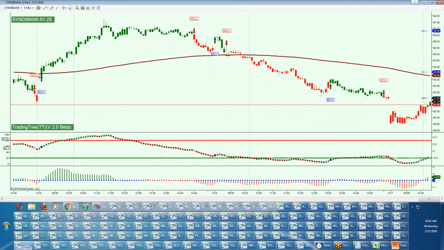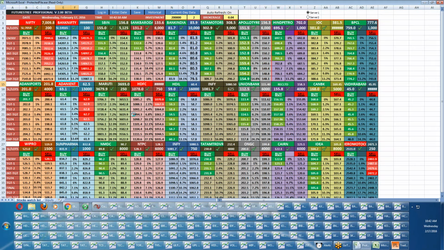Tata Motors, you'll get a buy, but we already have a buy here. So it has done all its targets. Bank of India is at 84. That's roughly 2 rupees up. So that gives you a profit of around 6,000 rupees.